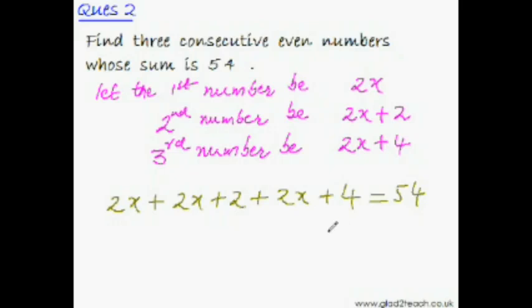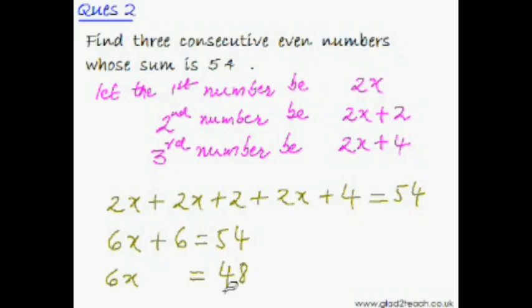So now tell me the answer. 2x plus 2x plus another 2x will be 6x, and 2 plus 4 is 6, equal to 54. So this means 6x will be equal to 54 minus 6, isn't it? When this plus 6 comes to this side, it will become minus 6. So 54 minus 6 will be 48.